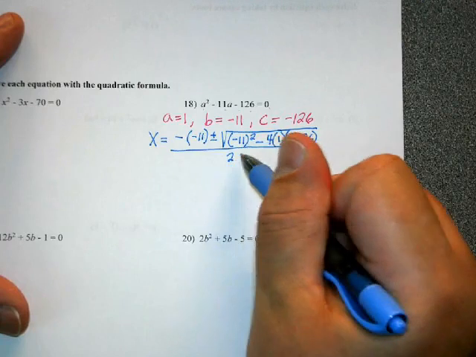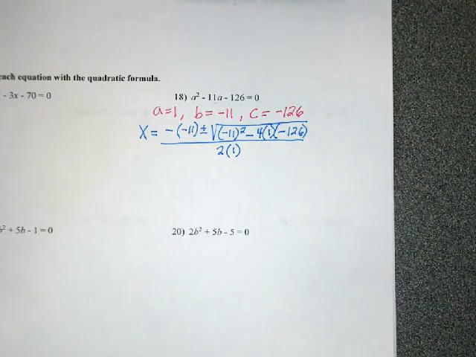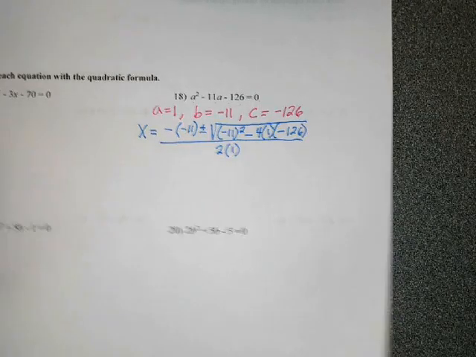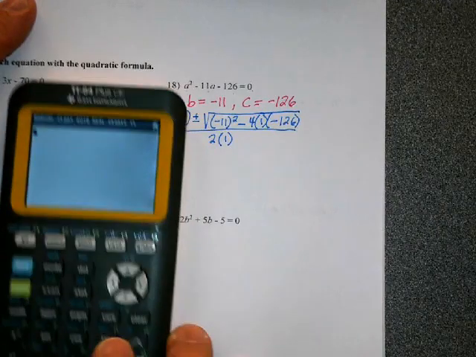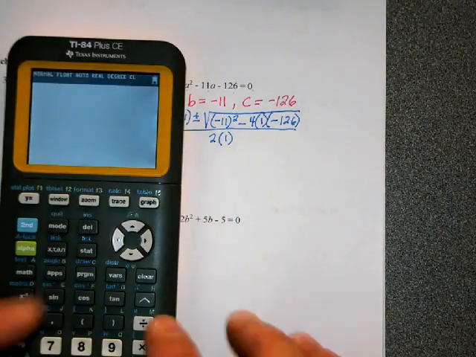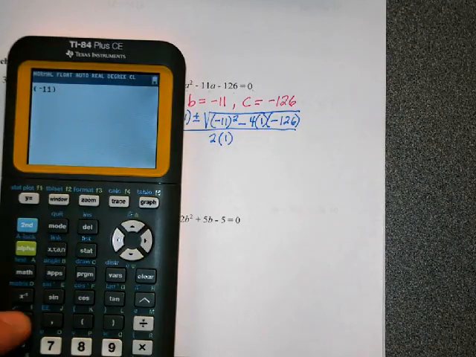Okay, I'm going to put what's underneath the radical sign in my calculator. So I have parentheses, negative 11 squared minus 4 times 1 times negative 126.